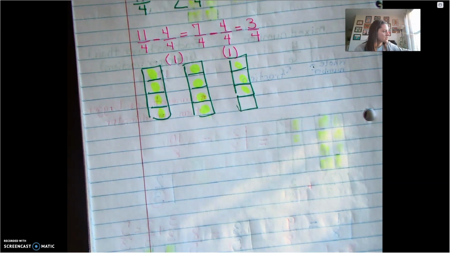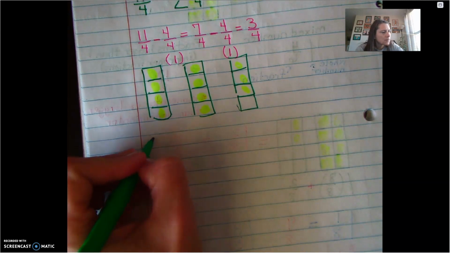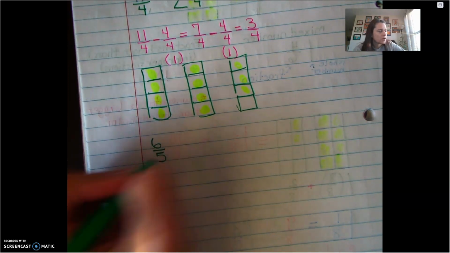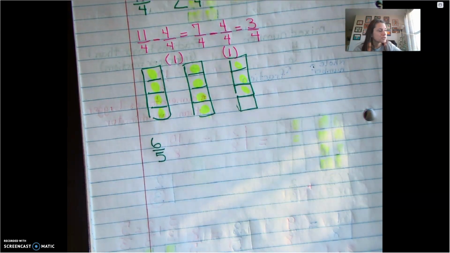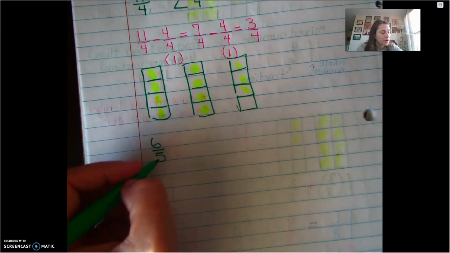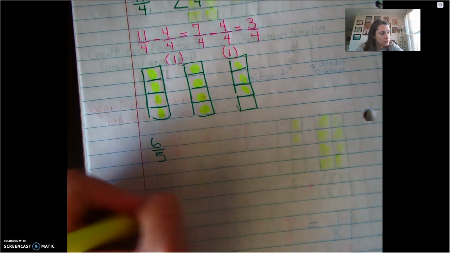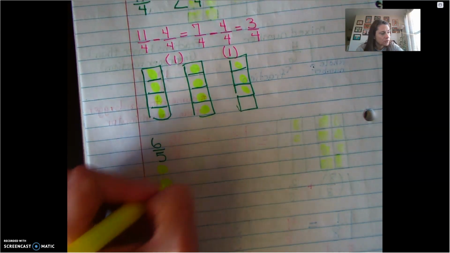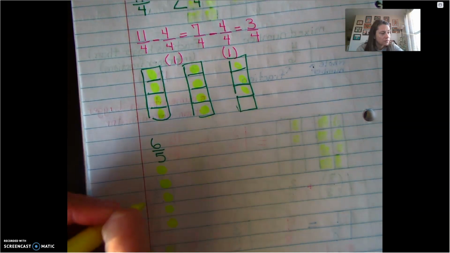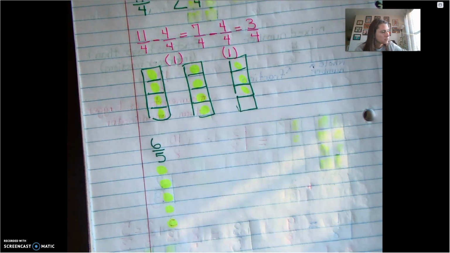Let's do 6/5. And this time let's do the picture first. Okay, so I have a group of 5 here. So I'd do 1, 2, 3, 4, 5, because it has to be 5 parts.